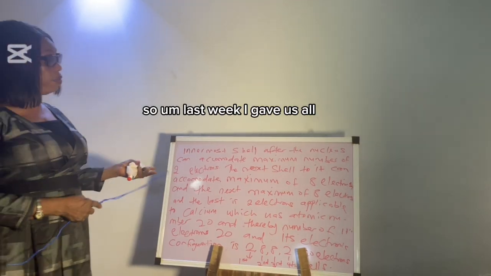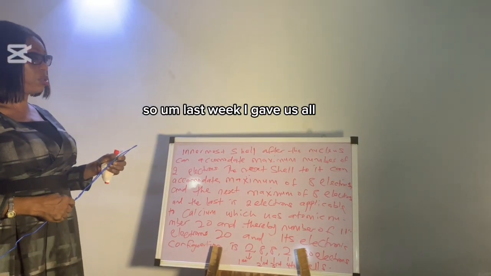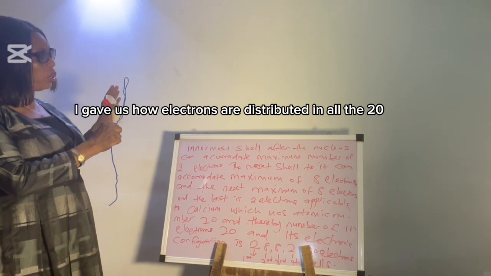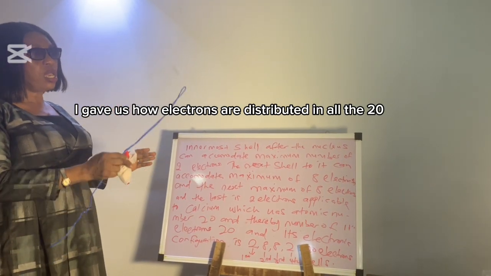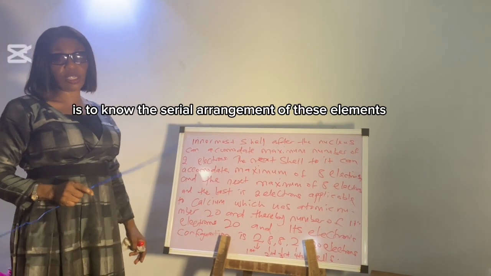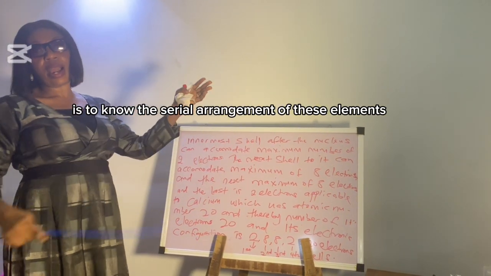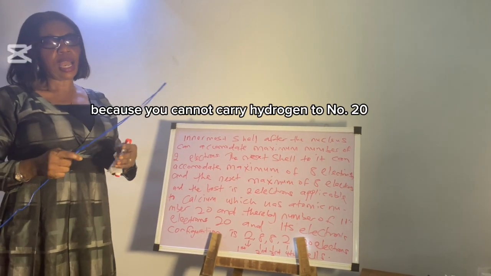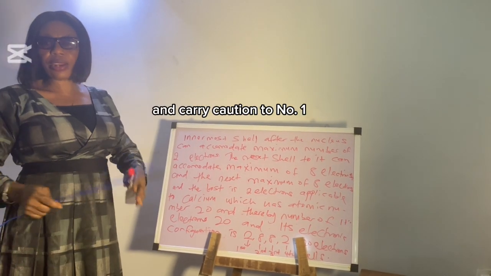Last lecture, I gave us how electrons are distributed in all the 20 elements. And what can really help you as a science student is to know the serial arrangement of these elements, because you cannot carry hydrogen to number 20 and carry calcium to number 1.